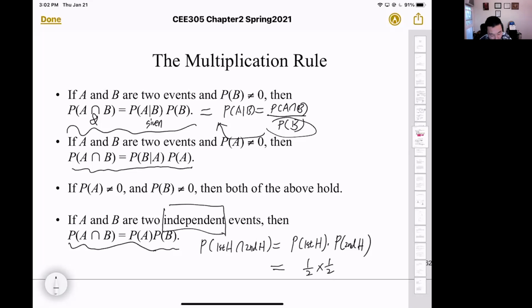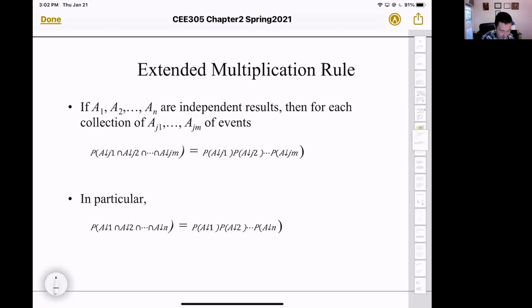If we have more than two independent events, A1, A2, up to An, and they are independent, then P(A1 and A2 and A3 and ... and An) will be equal to P(A1) times P(A2) times ... times P(An).